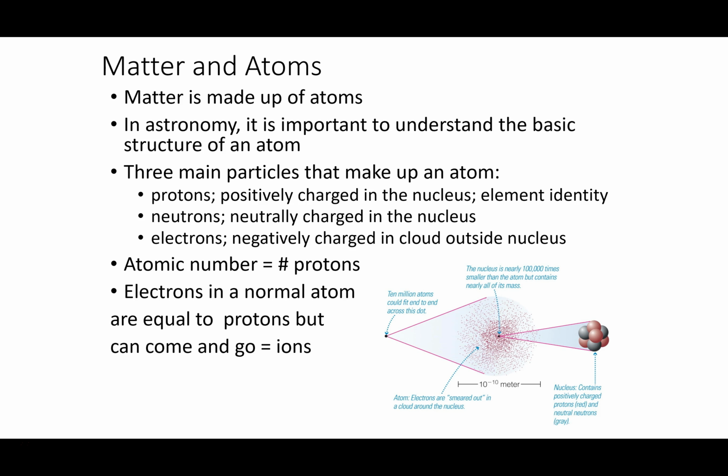That'll make a +1 charge on that new thing. So you have a positively charged cation. The other thing about electrons is sometimes it will pick up an extra electron. So now it has 1 extra electron, and now it's negatively charged on the ion.